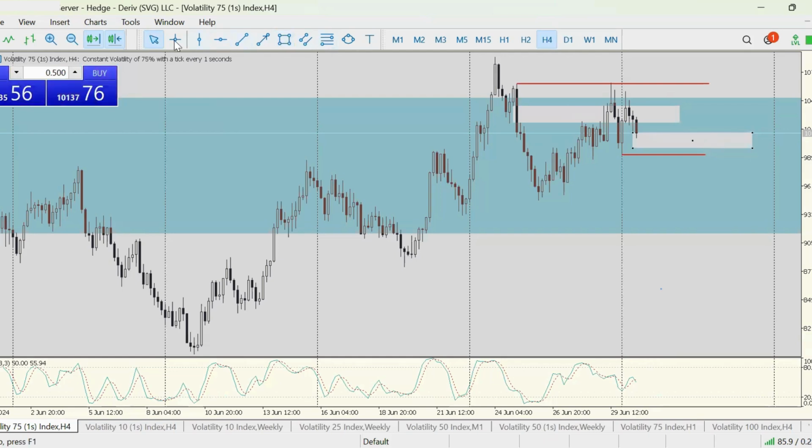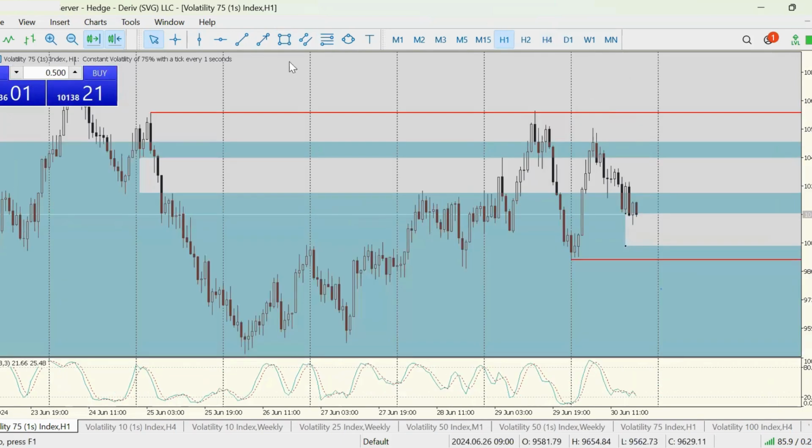So if price starts to move to the upside, expanding to the upside, we want to take into consideration how price would have opened and closed from the H1 and M15 time frame. What do I mean?